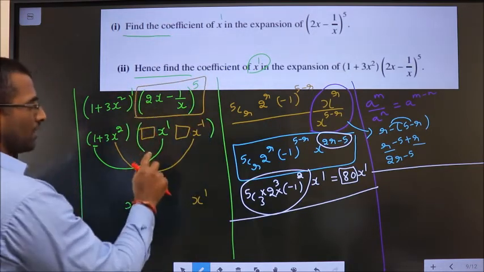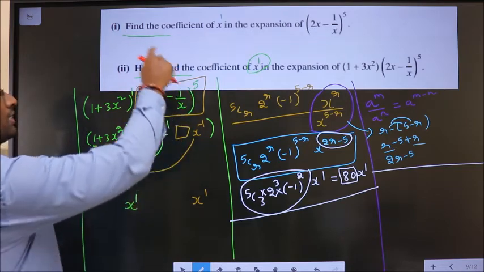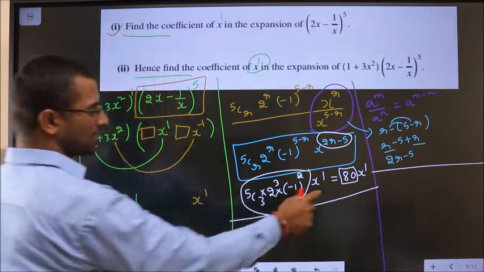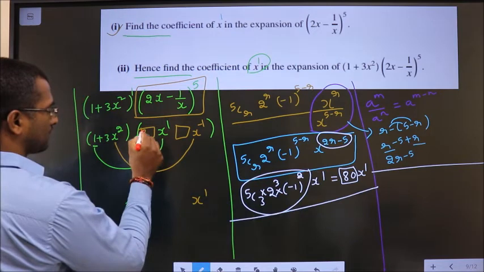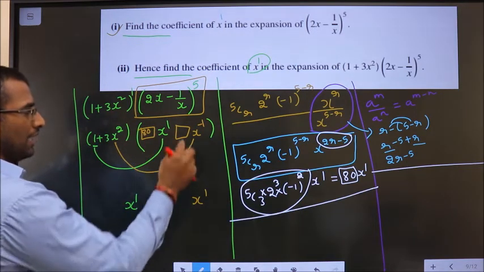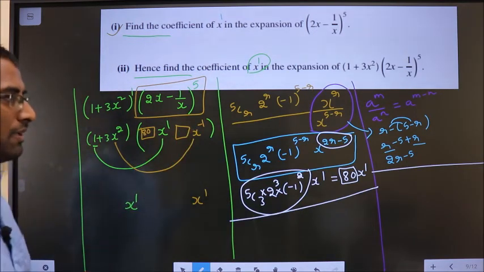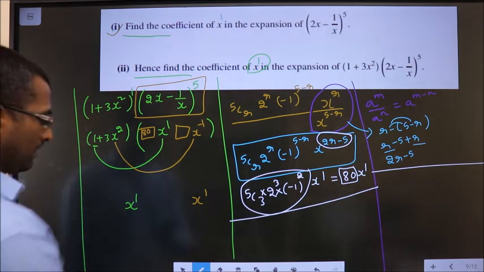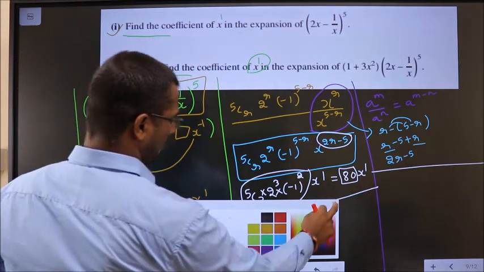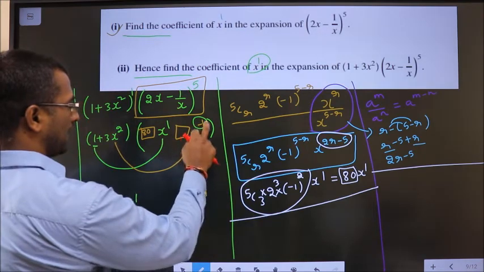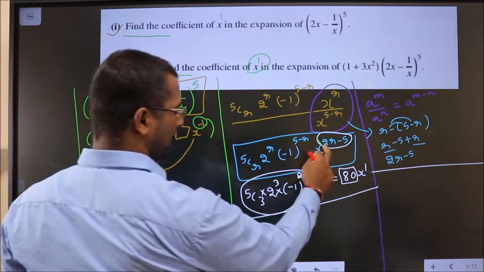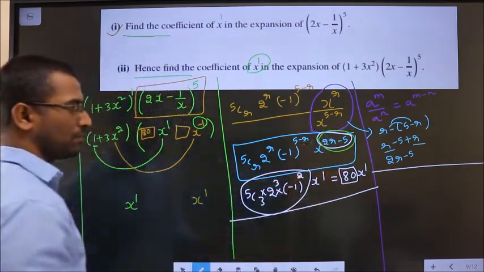Now, I need to find the coefficient of x^1 and x^(−1) in this expansion. For x^1 we have already found, that is the first bit answer, which we got to be 80. Now, I need to find the coefficient of x^(−1). See now. On x the power is −1 and here on x it is 2r − 5.